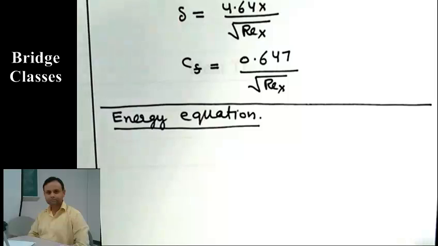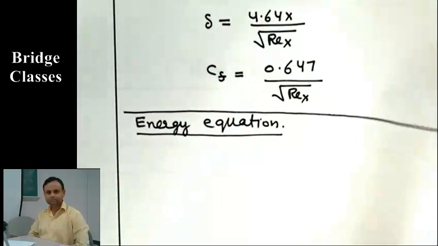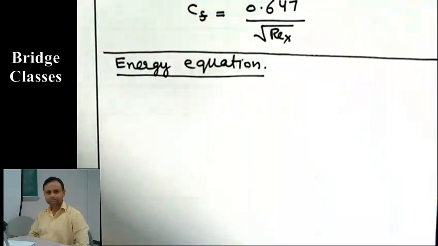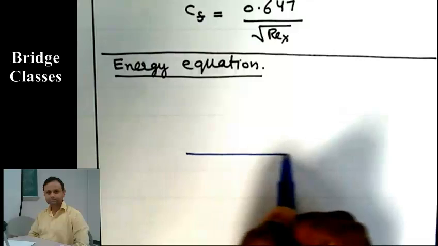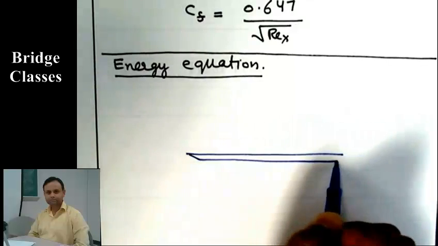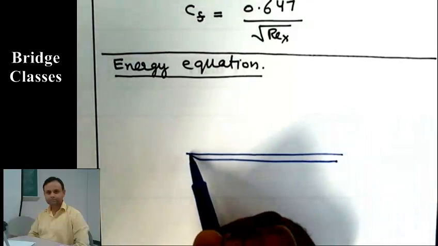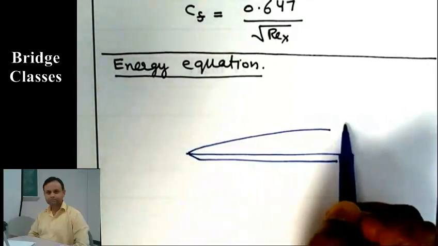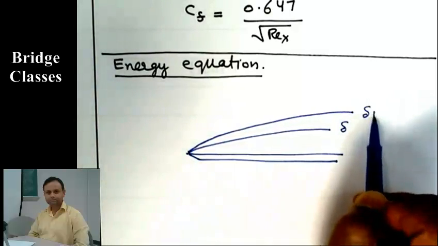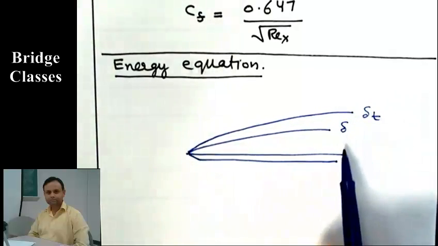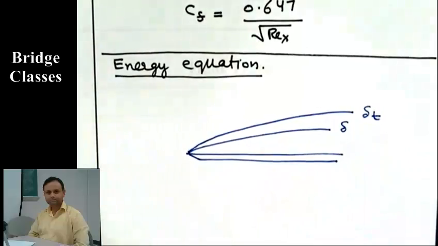Do the same thing with energy. This is the plate, and let us say this represents delta and this is delta T. They are not equal, one can be larger than the other.